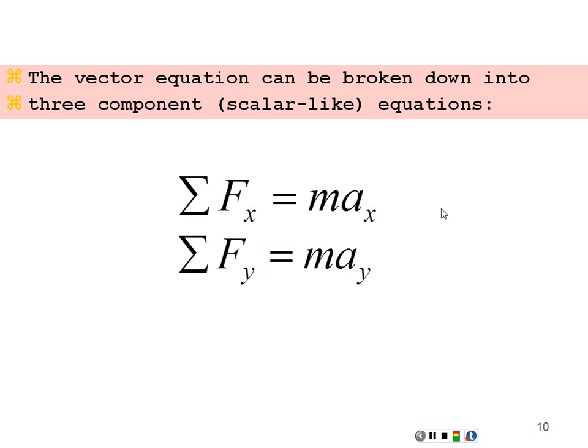If we sum up all the components of forces in the y direction, that should add up to mass times the net acceleration in the y direction. Same thing for the z direction, same thing for any direction you choose. If there is a net force in your direction, and you sum up all those components and come up with that net force, that should equal the mass times the acceleration in that direction. This is just the scalar component form of Newton's second law.